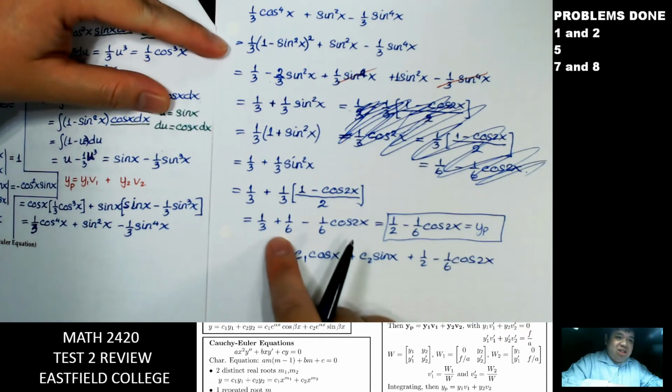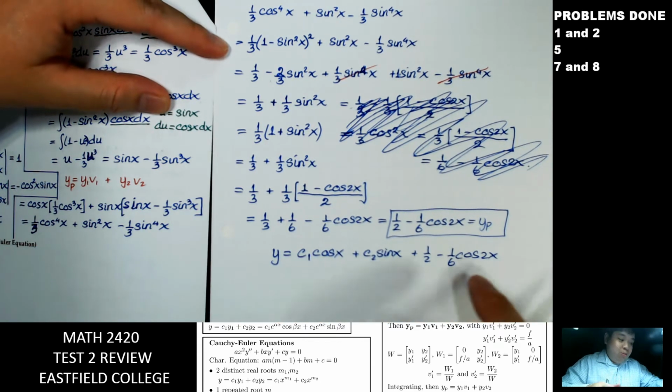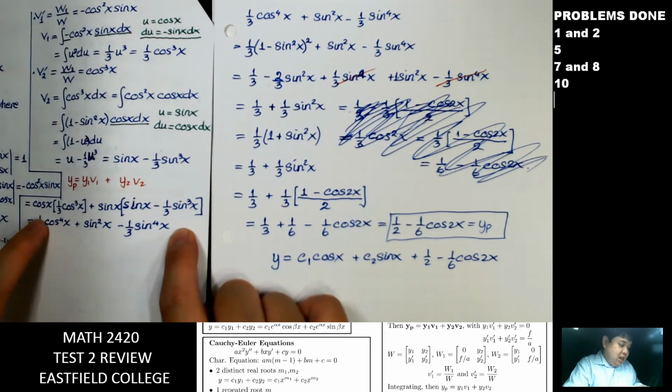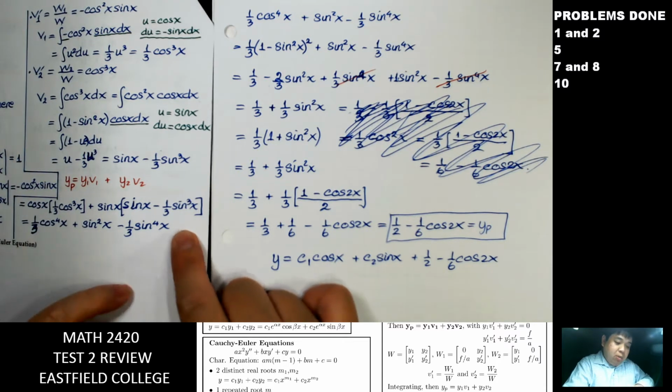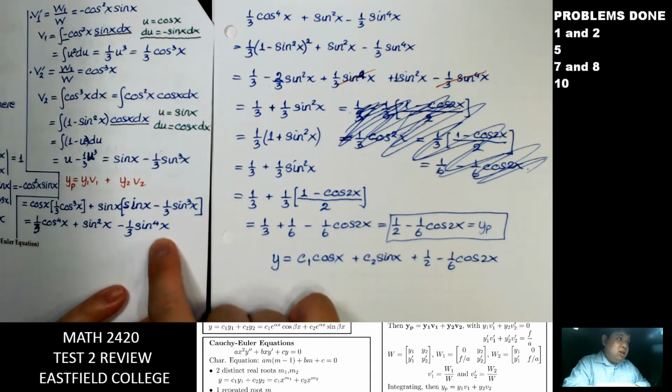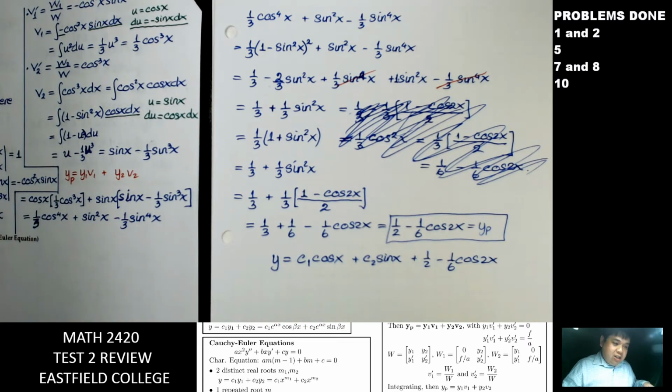It takes some work to get to the right form. Really don't need that. Right, so that was 10. Like I said, on the test you can stop here and say the solution will be the complementary solution plus this. I'm perfectly okay with that.